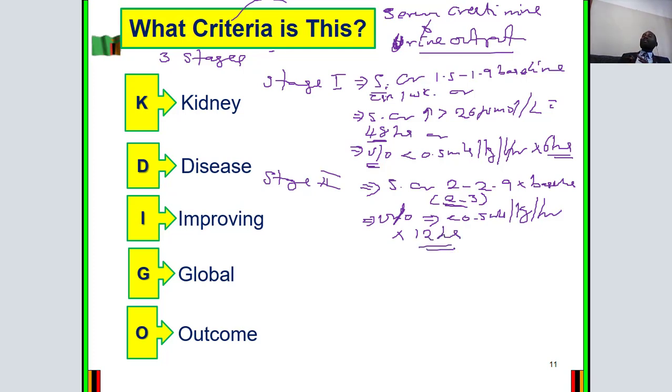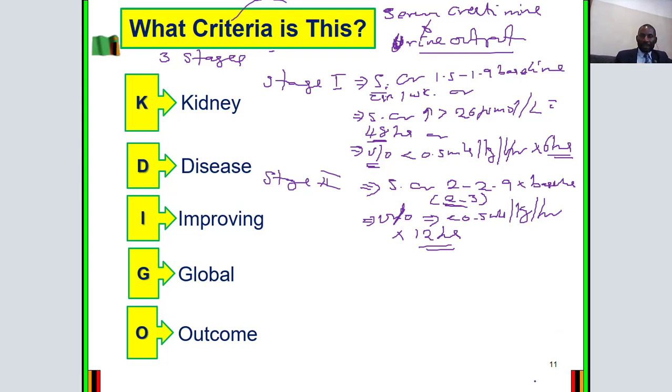So the patient has been admitted for 12 hours, still oliguria is not improving, still marked oliguria within 12 hours. Then that patient is in stage 2. Serum creatinine increase of 2 to 2.9 times from the baseline is also stage 2.